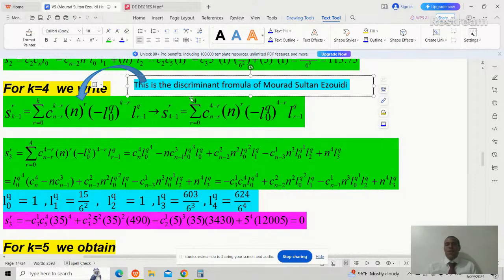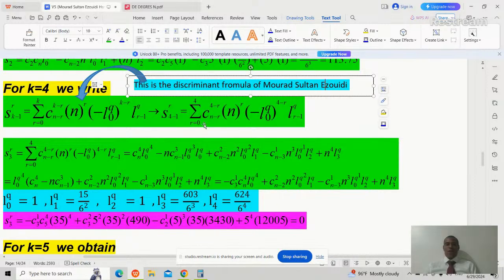This is the formula. Okay, just replace k with 4. Now I will just go to the last part. S3 equal, learners, if you are going to expand this discriminant formula, you will get combination n choose 4, because r is 0, times L0 for the q raised to the power of r.